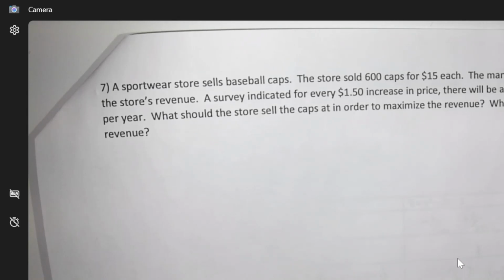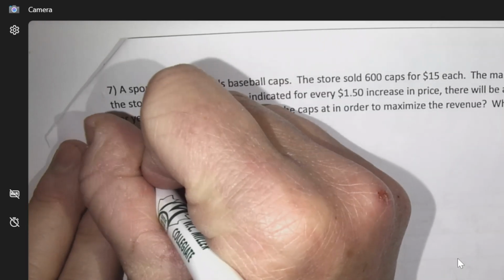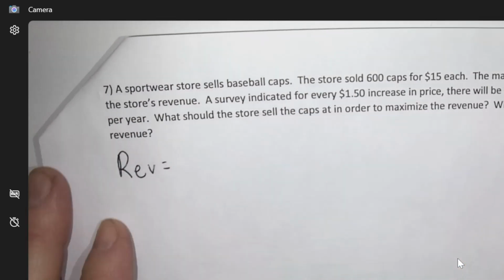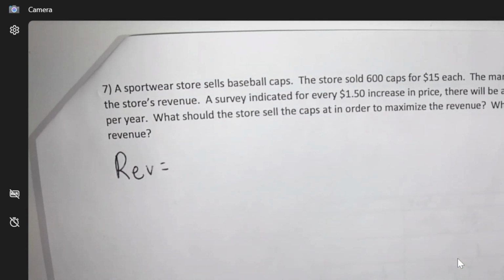So this sports store is selling baseball hats, and they sold 600 caps, 15 bucks each. They're trying to make revenue. So making the money.